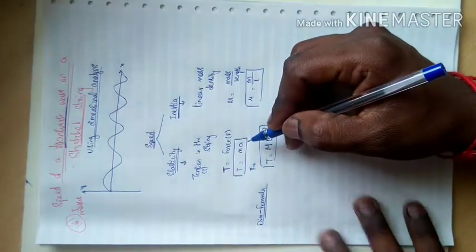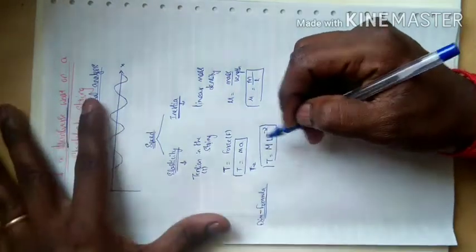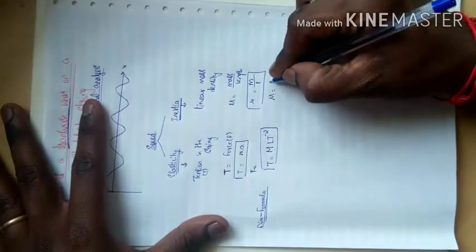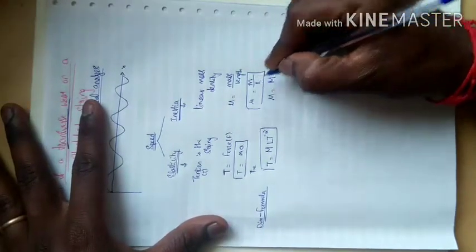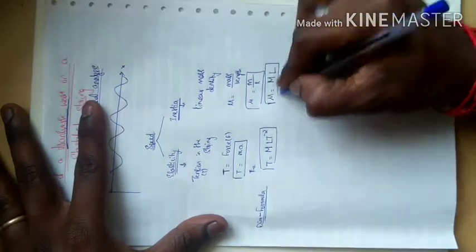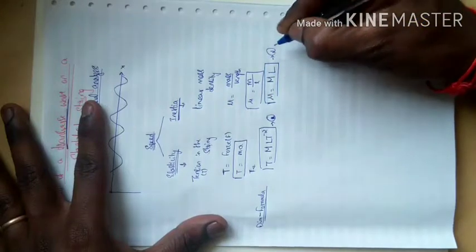Acceleration is meter per second squared, where meter is length L and second is T. And for mu, mass is kg, that is M, and length is L. Is that clear? This is the dimensional formula. Let me call it equation 1 and this equation 2.